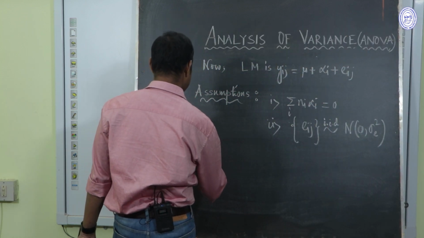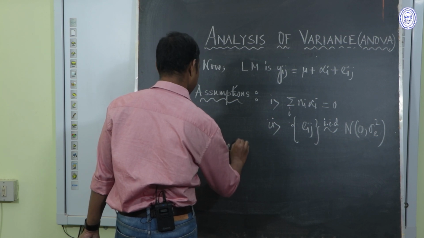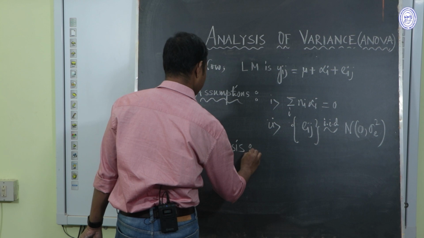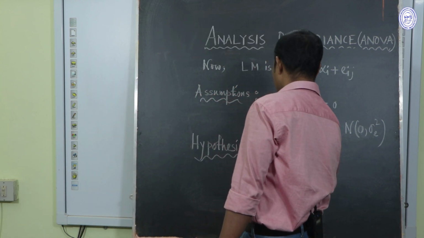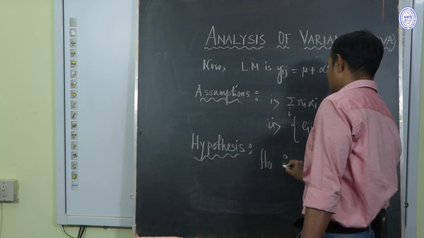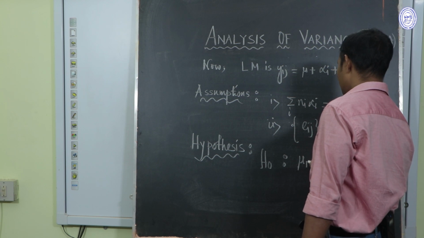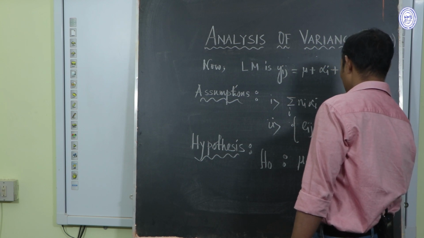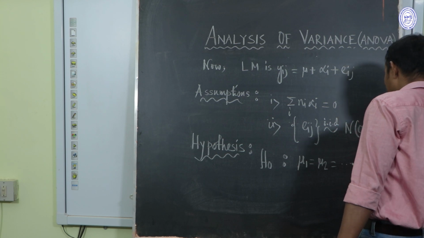Next hypothesis is the null hypothesis such that mu 1 equal to mu 2 equal to dot dot equal to mu p.